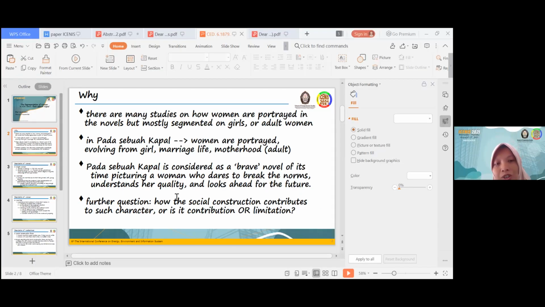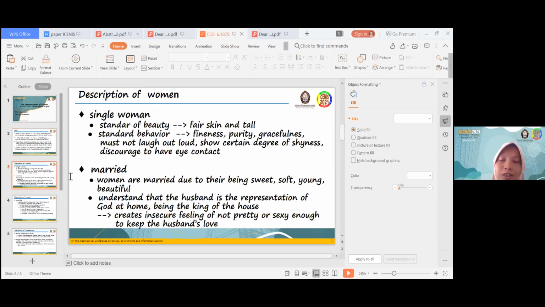So the further question is how the social constructions contribute to such a character, whether as contributions or limitations. That's what I want to know further, how women are described in this novel.